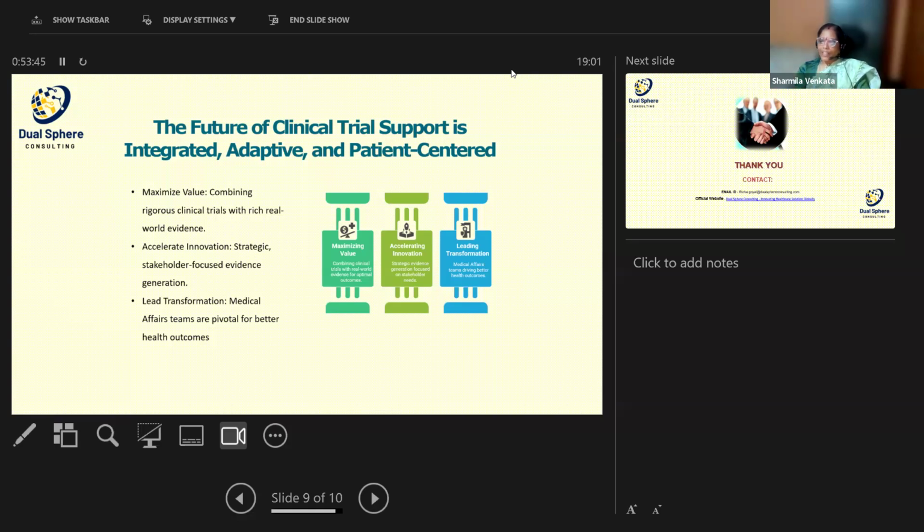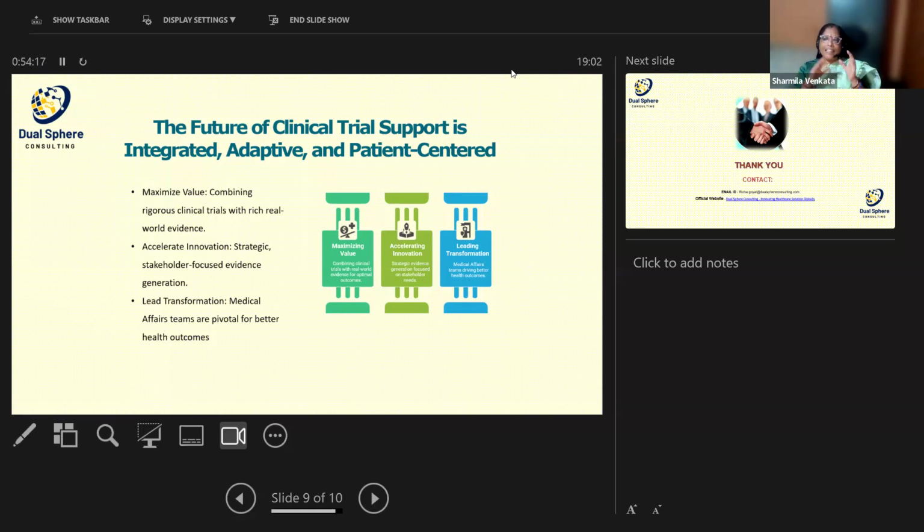The way we approach evidence generation is evolving. The future isn't about choosing between clinical trials and real world data. We should not take them separately. It's about combining them to create a more complete, more actionable picture of how treatments work. By combining trials and RWE, we maximize the value.